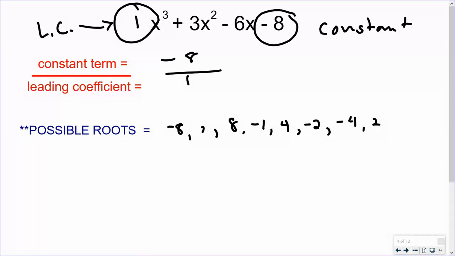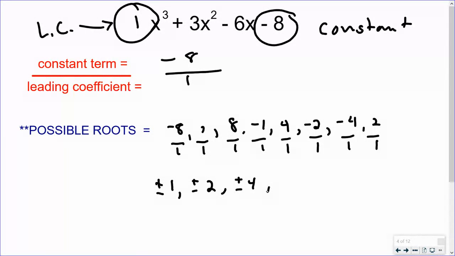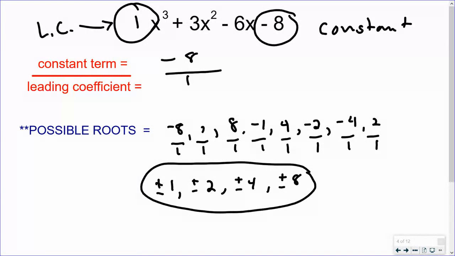All the factors of 1 are just 1, so these just have denominators of 1. So really what I have is plus or minus 1, plus or minus 2, plus or minus 4, plus or minus 8. That's all that I'm finding. That's what this whole 5.5 day one is about: finding my choices. Not doing anything, just finding them.